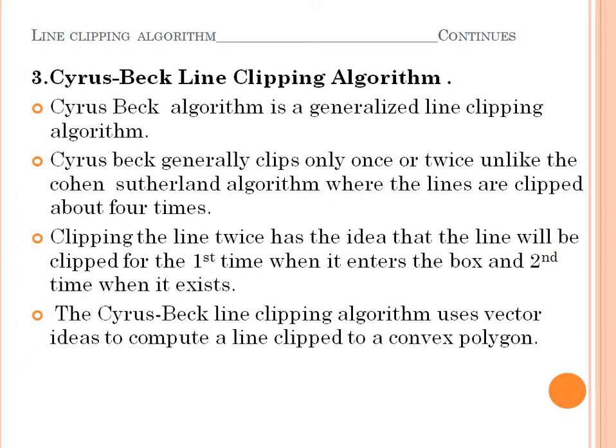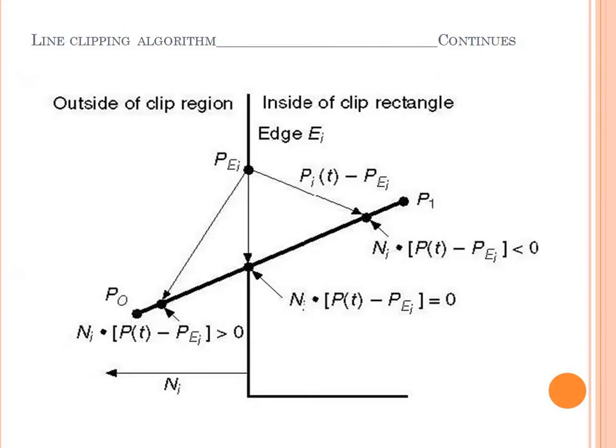Suppose this is our rectangular window. In this rectangular window we have the line P0 and P1.